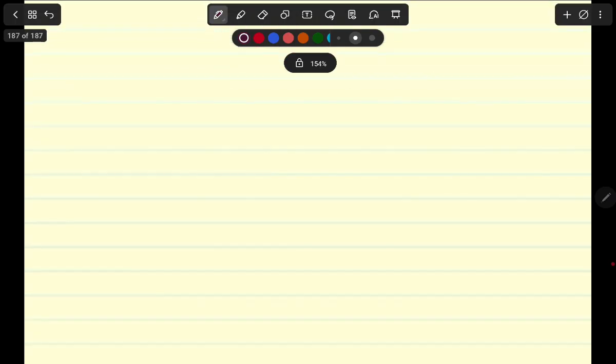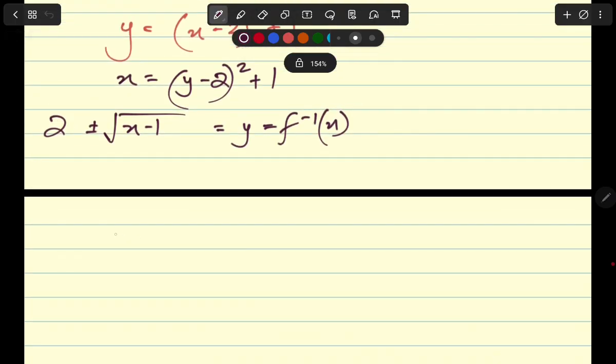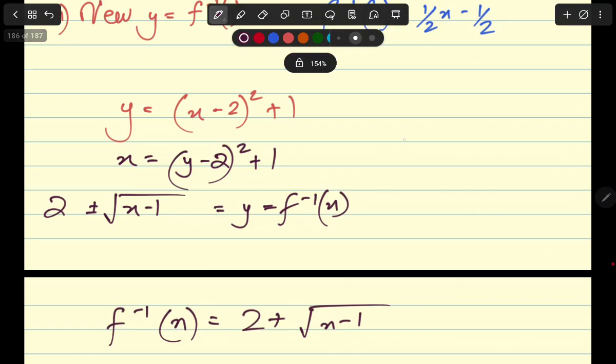We are going to do quite a few examples in order to anchor or solidify this concept in your heads. Now this is 2 plus under root x minus 1. Understand that the domain for this function is x greater than or equal to 2, because the turning point exists at x equal to 2, and in the domain we are not going beyond the turning point so that the inverse manages to exist, right?